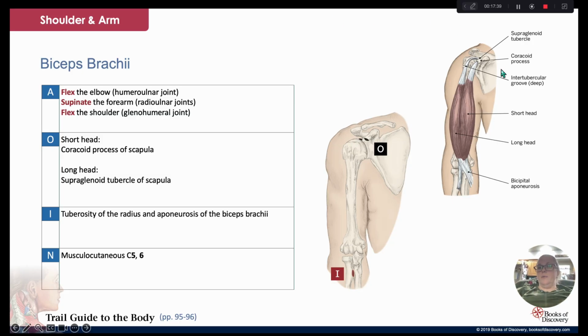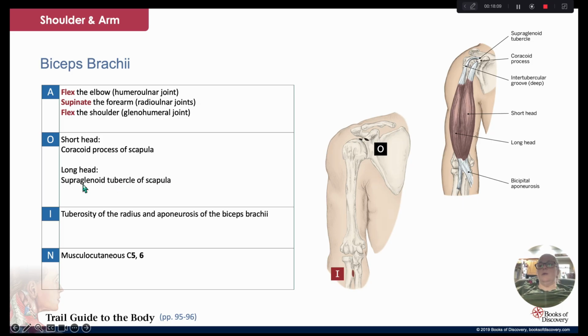So over here, we're going to look at the short head, right? So the short head originates on your coracoid process. So that little finger nub where your pec minor would connect on this side, well, now you have your biceps connecting on that little finger at the end of the nub, right? And then you have your long head. So you have something called the supraglenoid tubercle of the scapula.